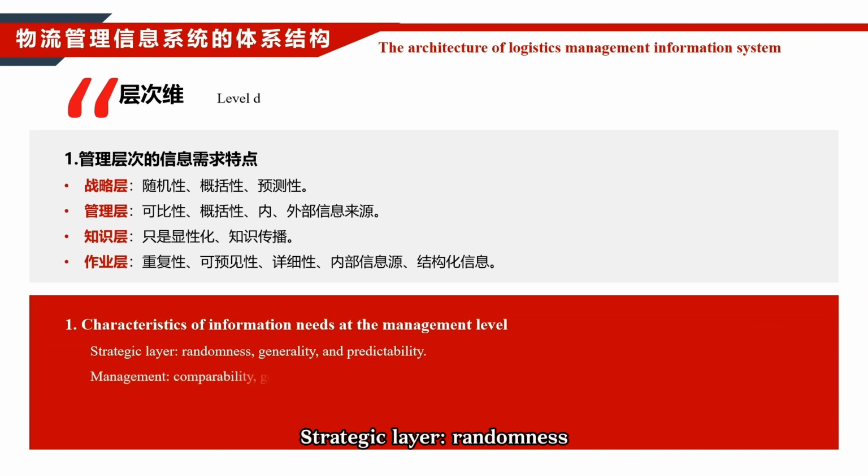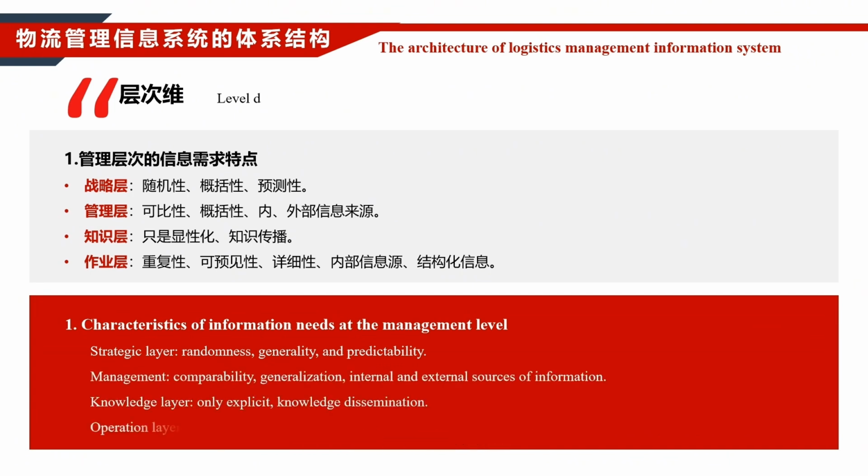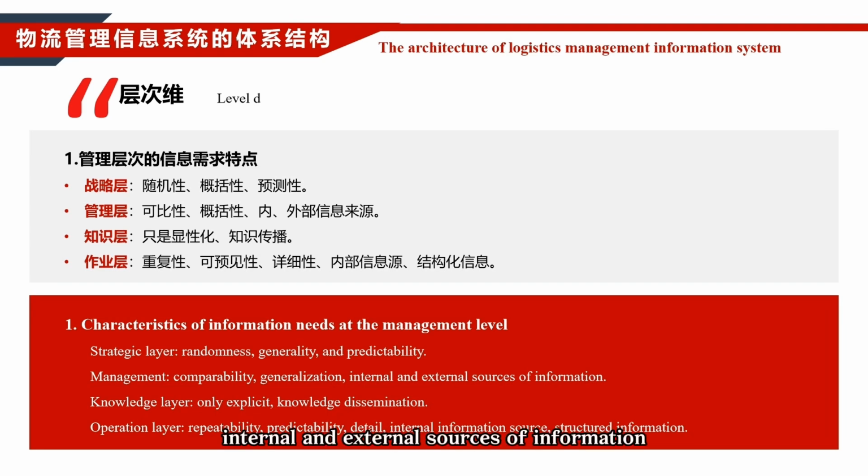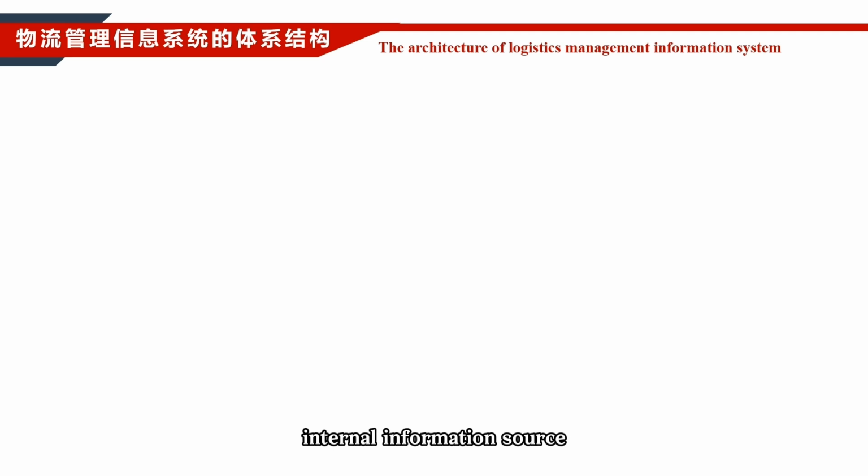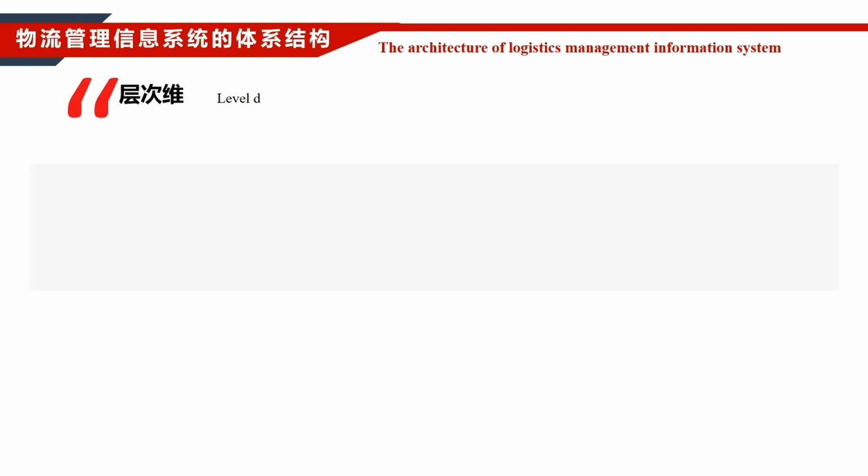Strategic layer: randomness, generality, predictability. Management layer: comparability, generality, internal and external sources of information. Knowledge layer: knowledge explicit, knowledge dissemination. Operation layer: repeatability, predictability, detailed, internal information source, structured information.